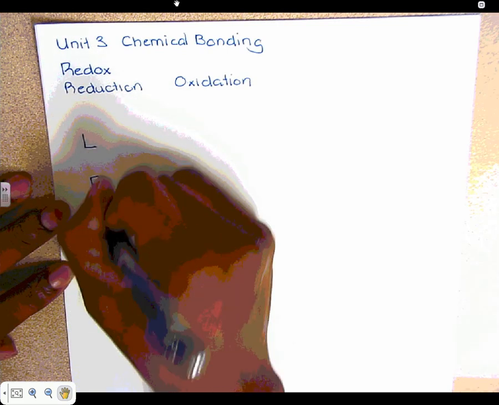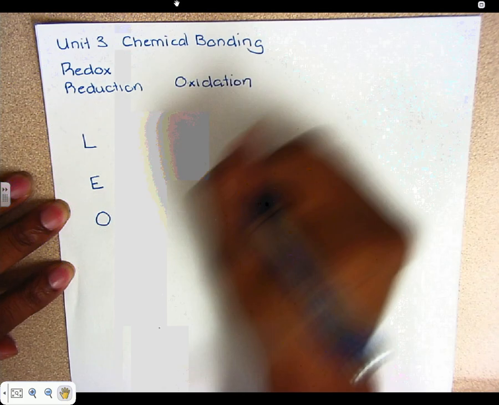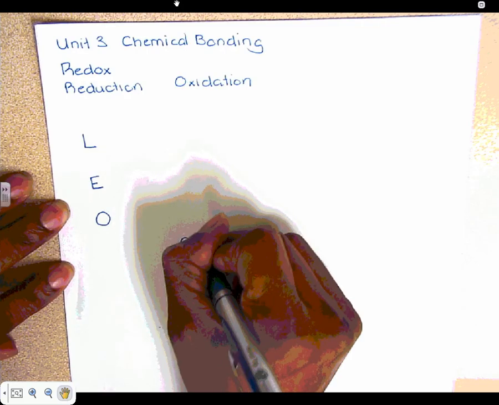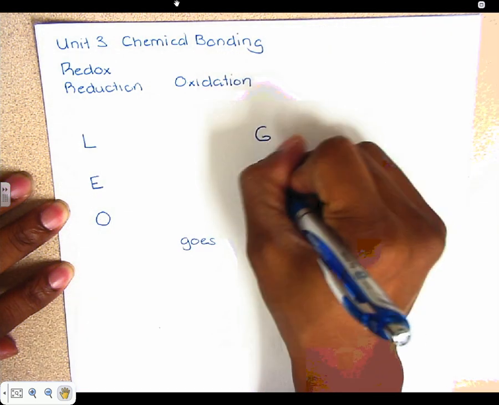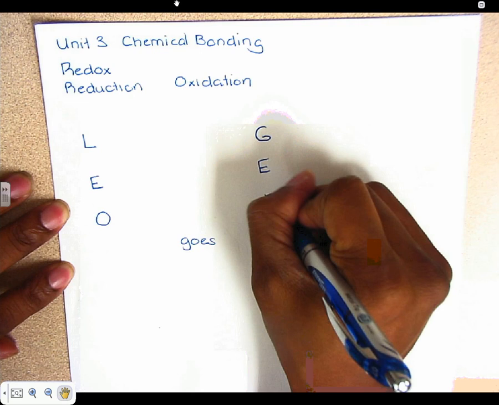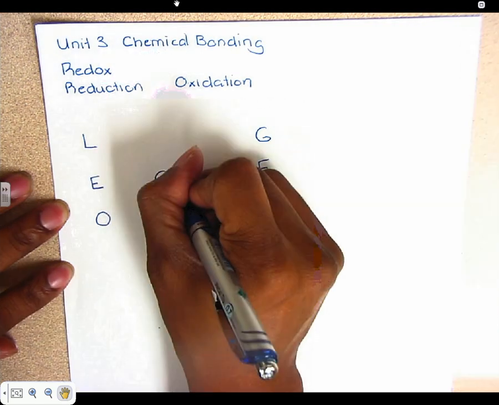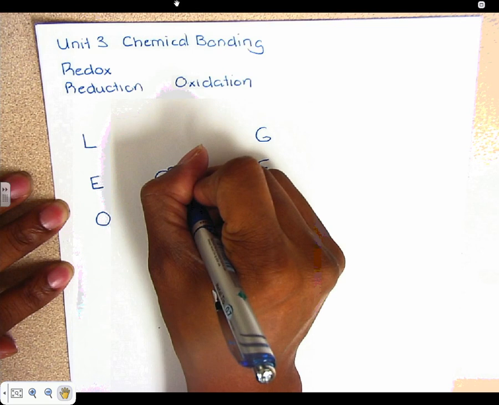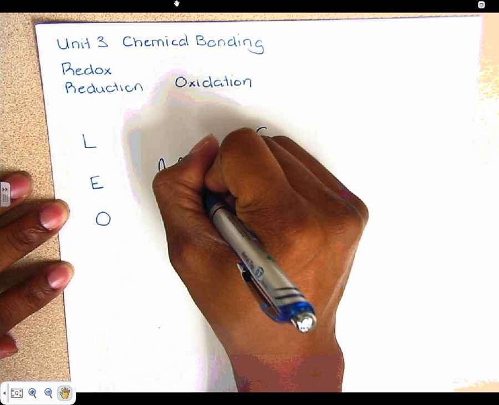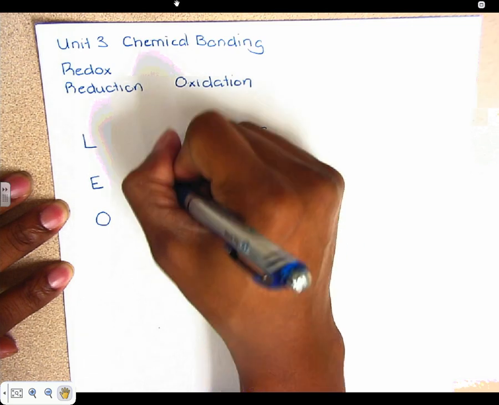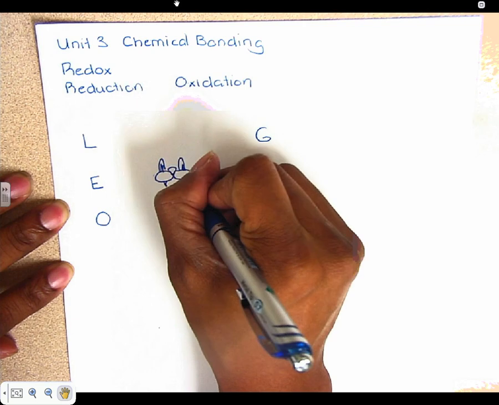Leo, excuse my penmanship. And we'll put goes, and we'll put Ger. And it highlights this principle of a lion when you're talking about Leo. Now, I'm not much of an artist, so if my drawing is not great, I apologize.